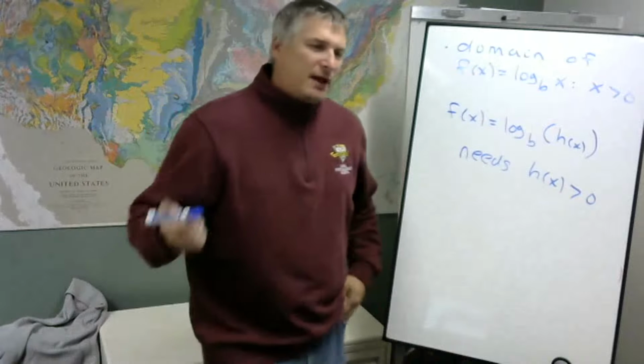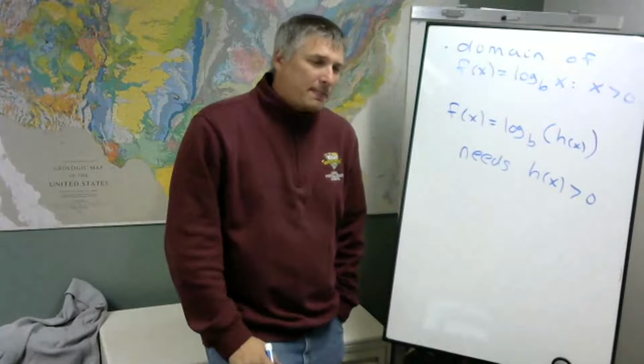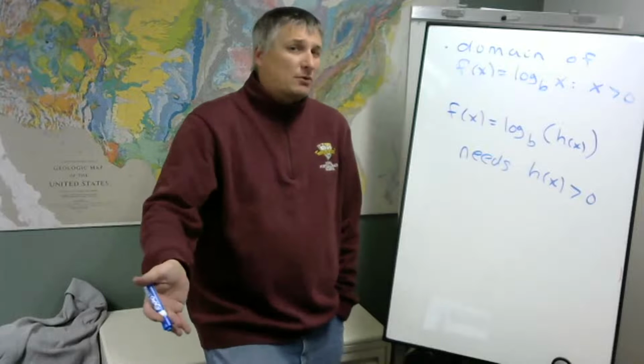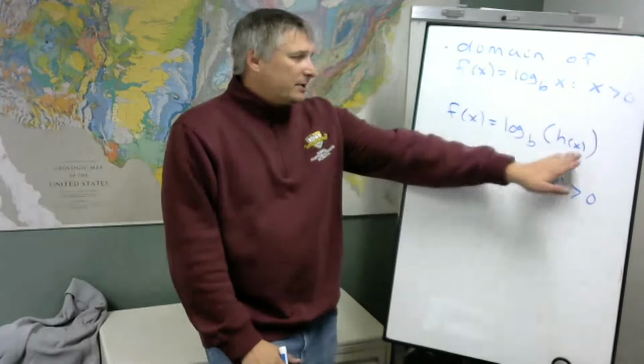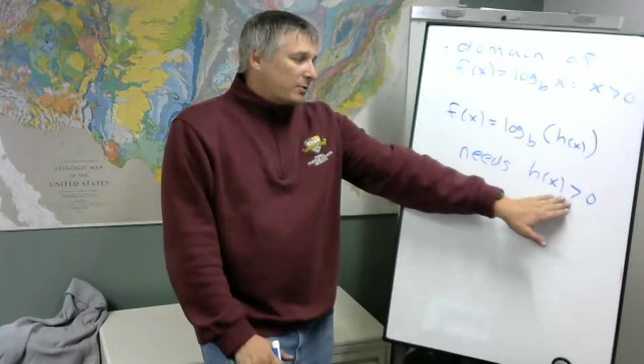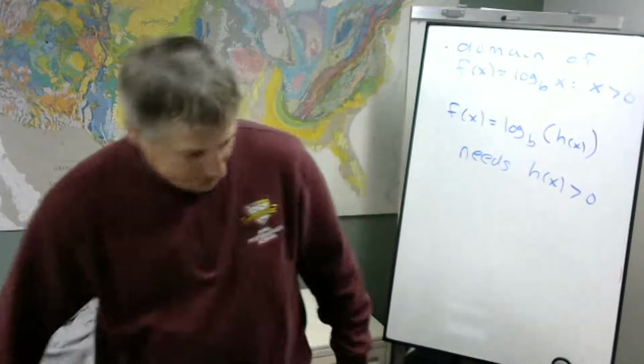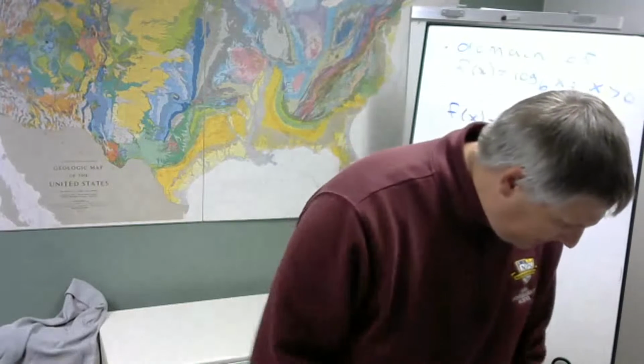It's like saying that if you have a function inside the square root, that function needs to be greater than or equal to 0. Again, you can take the square root of 0. But here we're going to need whatever's on the inside, it's got to be greater than 0. Can't even equal 0. So for example, let's say we have this.